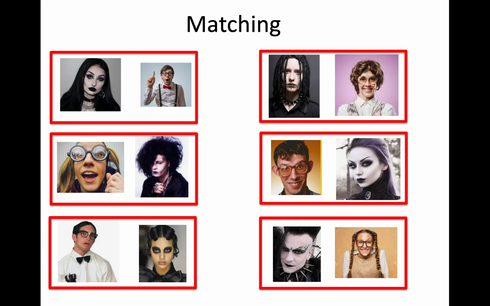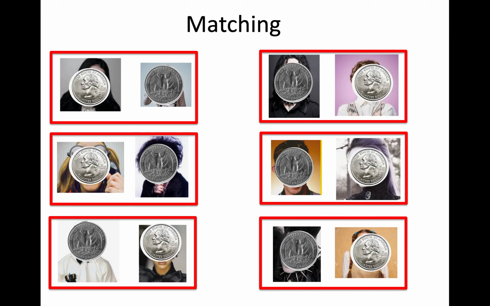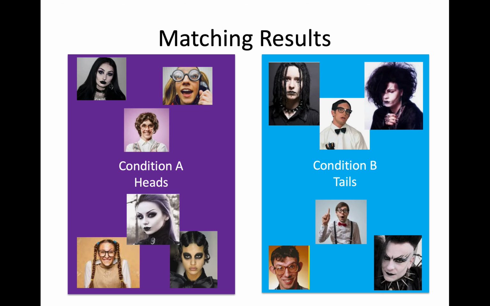And then what we do is we flip a coin. We flip coins, heads and tails. Heads goes into one condition, tails goes in the other. So what we wind up with is exactly the same number of nerds and the same number of goths in each of the two conditions.